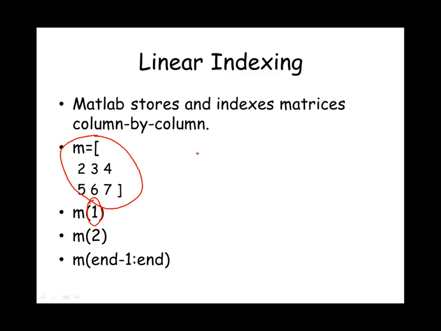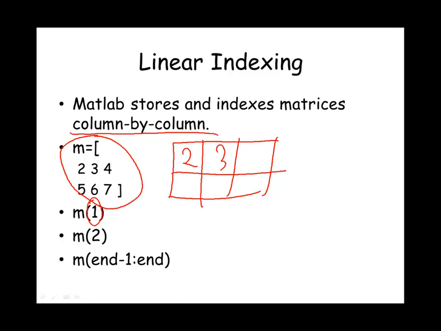The way that MATLAB decides which one is first is by doing a column by column storage of the matrix. So let's take a look at this matrix. It's a 2 by 3 matrix that contains numbers 2, 3, 4, 5, 6, 7.